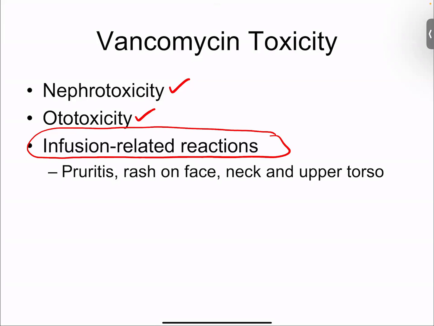Slowing down the infusion or pre-medicating might be ways to circumvent this infusion-related reaction. It's also important to make sure, and your hospitals probably do this already, heck, they probably buy the Vanco pre-frozen, 1 gram in 200 ml. So 5 milligrams per ml is the maximum concentration for peripheral infusion of Vanco. And it's typically infused over an hour still.